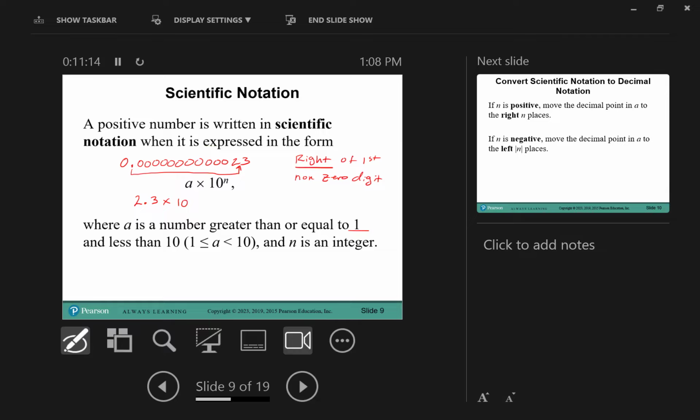How many spaces do I have to move it? Well, to get my original number back, if my decimal is now between my 2 and my 3, that is 1, 2, 3, 4, 5, 6, 7, 8, 9, 10, 11, 12 to the left, because it's a movement to the left that I need to make. That is a negative 12, meaning move this thing 12 spaces to the left and you get your number back. And this is that small number in scientific notation.